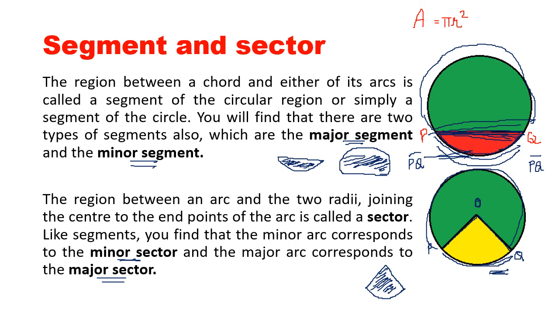How to find the length of the arc by the formulae we'll do in the succeeding lectures. And we also did what is a segment. You can see the green colored portion on the top part is the major segment. How to find the area of the segment, the perimeter of the segment, we'll do in the succeeding chapters. All you have to do in this lecture just now is to understand what are the different shapes.